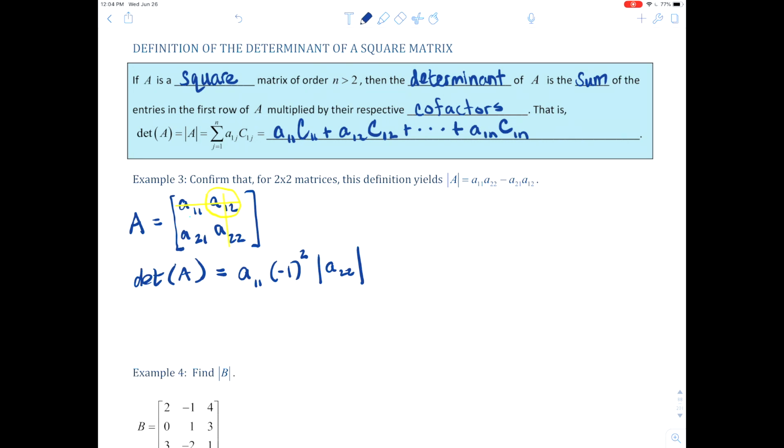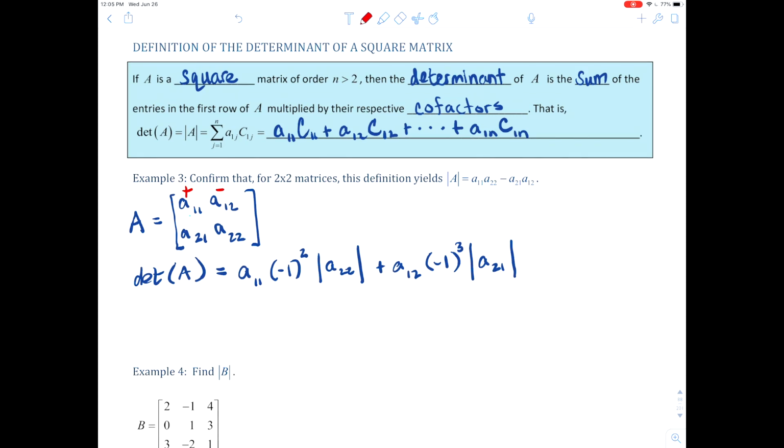That'll be plus A12 times -1 cubed, and then times the determinant of A21. That's the only thing left. Cool so far? And remember, look at the signs on the -1s. If I just went here and said plus minus, that would take care of this part, right? This is a plus and this is going to be a minus.